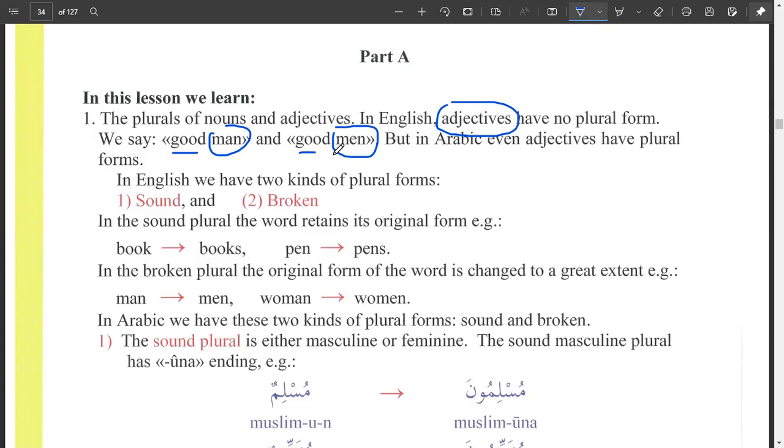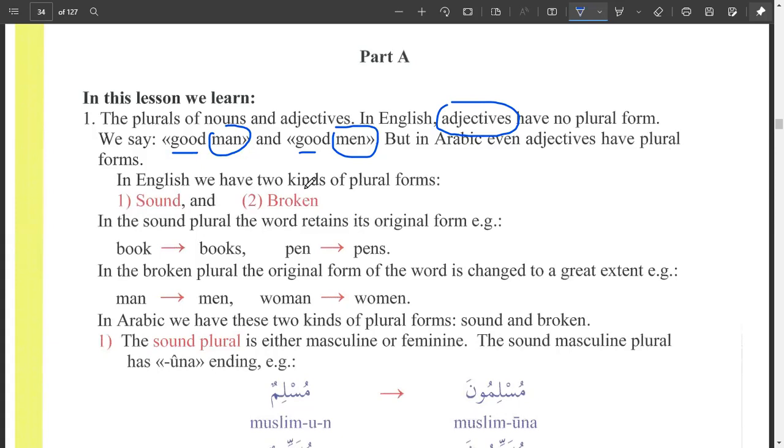But in Arabic, for a singular noun there is a singular adjective, and for a plural noun there is a plural adjective. Even adjectives have plural forms as well.